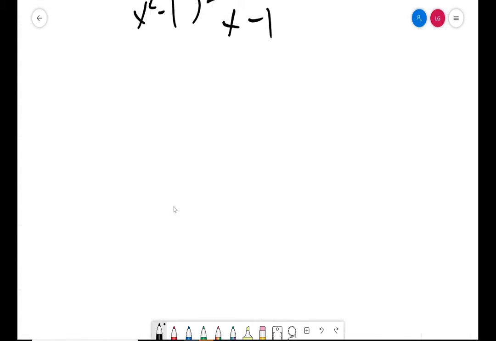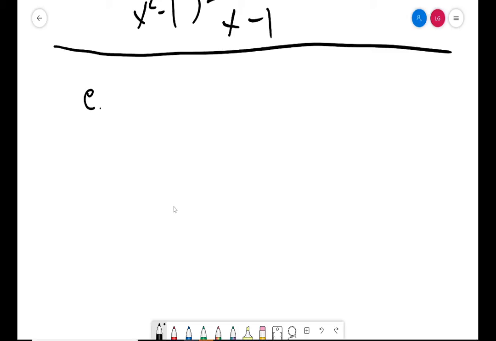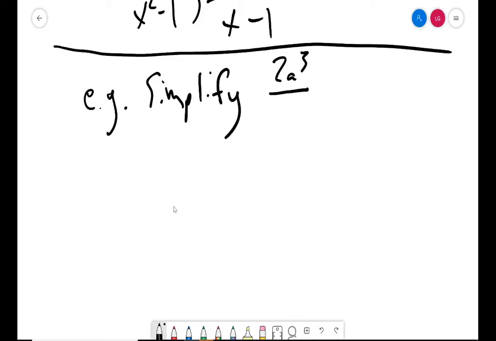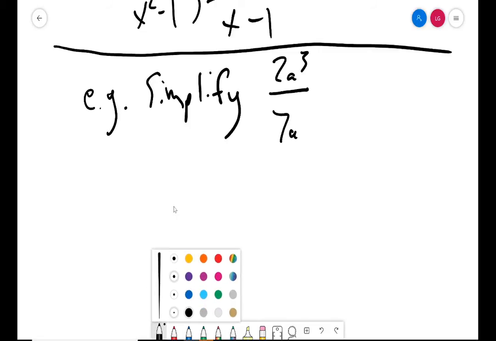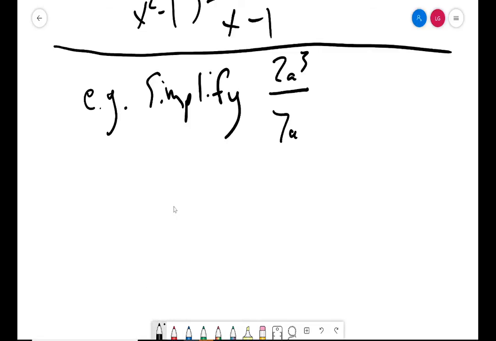Now let's think about simplifying here. So simplify 2a cubed over 7a. What does that equal? Now remember, we're trying to simplify, right?